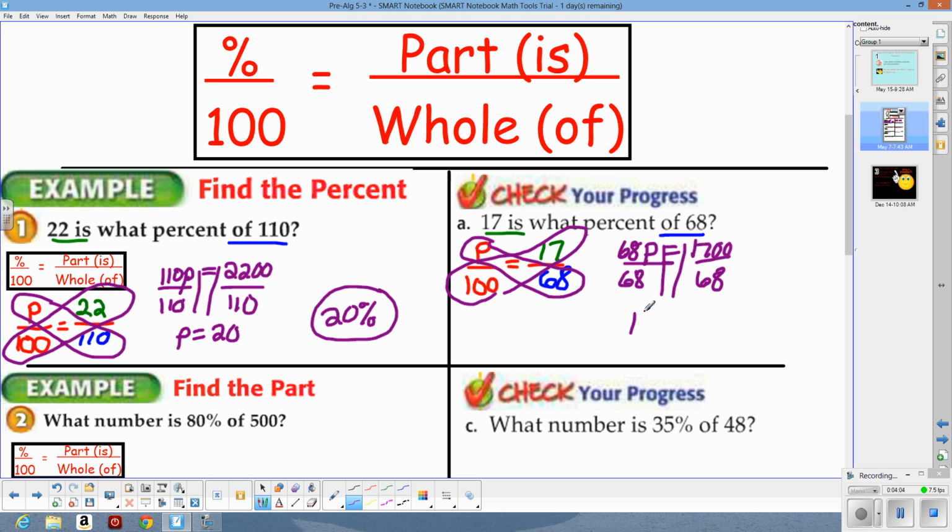P equals 1,700 divided by 68. That is 25. And since I used my P as my variable, that reminds me I need to write the answer as a percent. That's 25%.